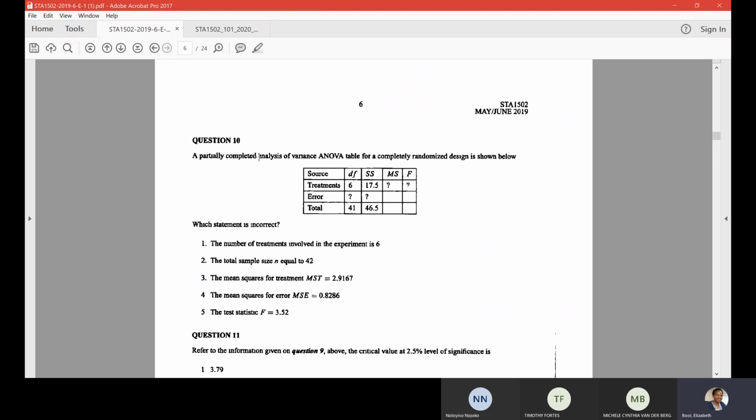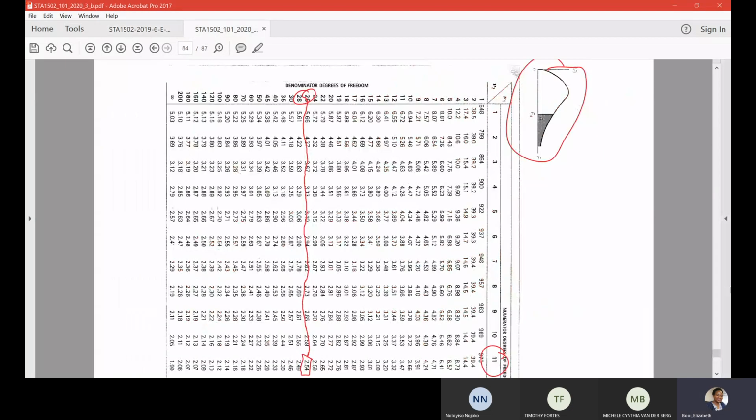Okay, so question number 10. A partially, wait, sorry, my bad. Wait. So this should be greater than, because it's a one-sided test. Because if it's less than, we do not reject. If your test statistic falls on this side, we do not reject the null hypothesis. If it falls on this side, we reject the null hypothesis.